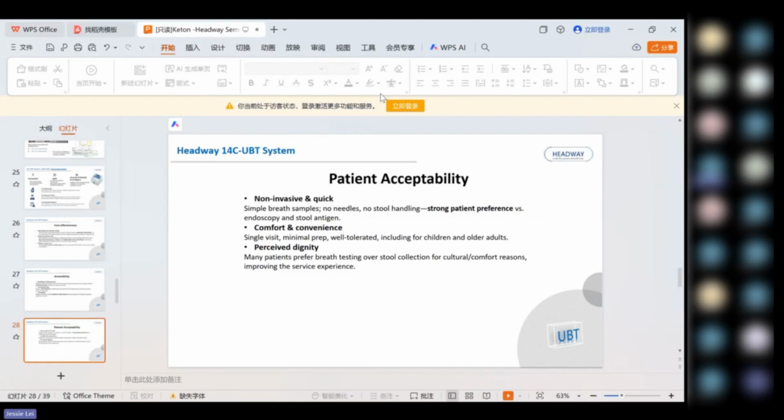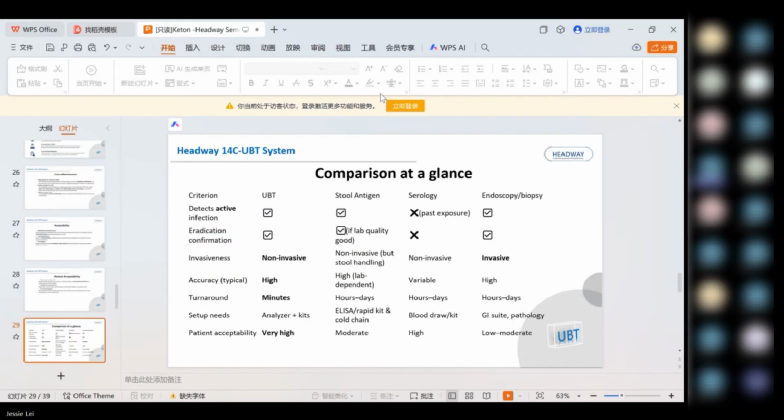Patients just need to do a single visit, with minimal preparation, and it is well tolerated; children, adults, and the elderly can do such tests. Also, patients prefer the breath test because it does not need stool collection and does not need any invasive procedure.